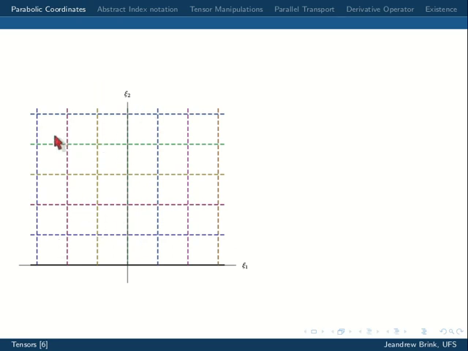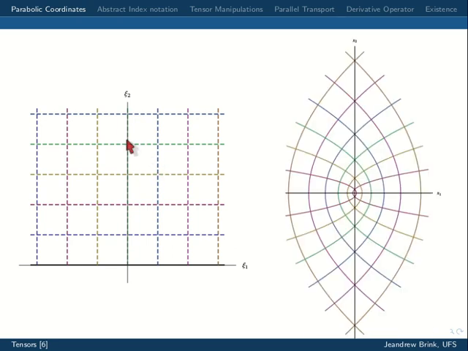And if you now use the transformation and put these lines of constant C1 and constant C2 into our Cartesian coordinates, then this is what it looks like. So you can see here's the green line, and that corresponds to that parabola. Then you have this line, and that corresponds to this parabola over here. And you can see all the rest.